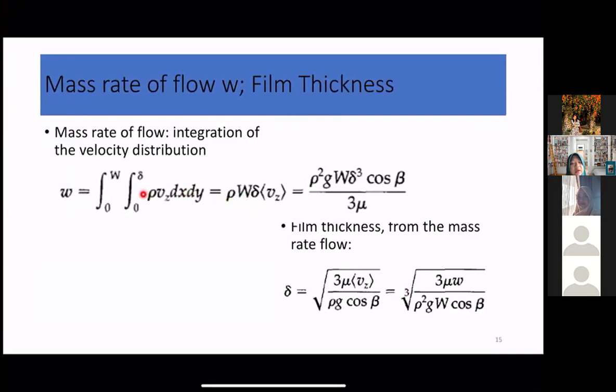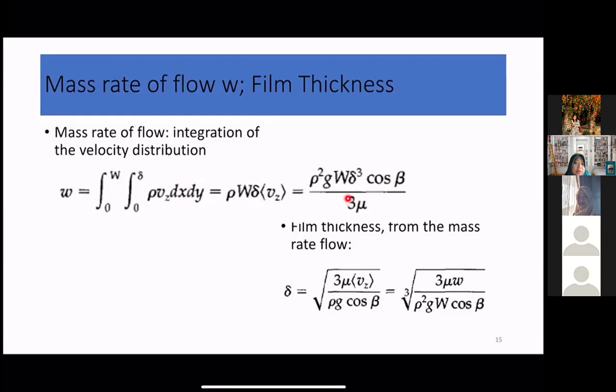So this is the velocity, integrated with dx and dy, which is the cross-sectional area, and then that becomes a differential volume, and then multiply with the rho. So rho multiplied with the volume is the mass rate. Okay, so volumetric rate multiplied with the rho becomes a mass rate. And then this is the mass rate if we want to calculate how much is the mass rate of the flow.